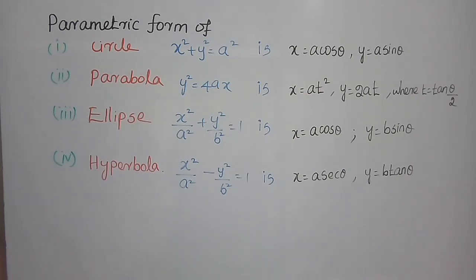See, in these equations, the circle and ellipse are almost the same. X is equal to a cos theta and y is equal to a sin theta in circle, but b sin theta in ellipse. Okay, so only these two differences between circle and ellipse.